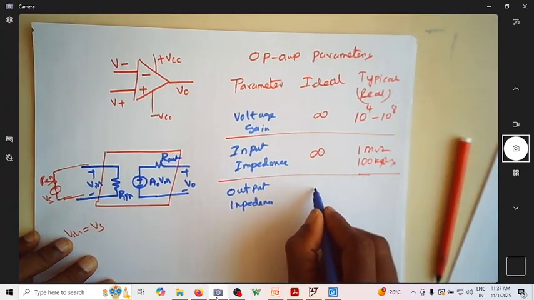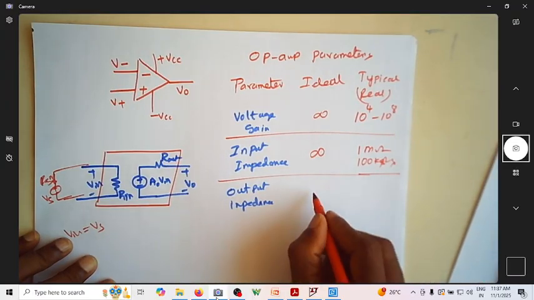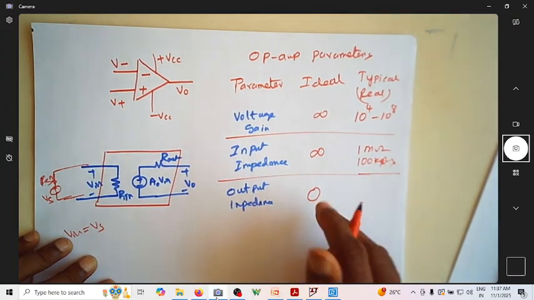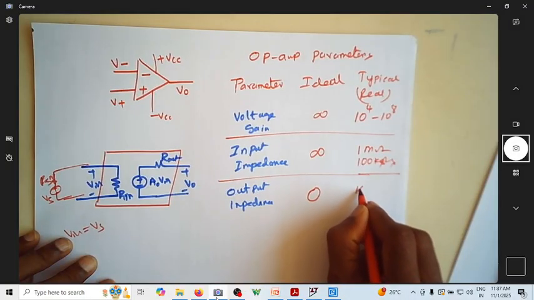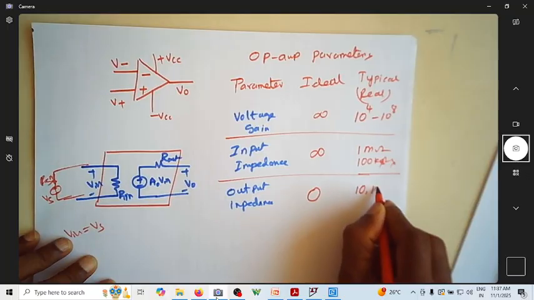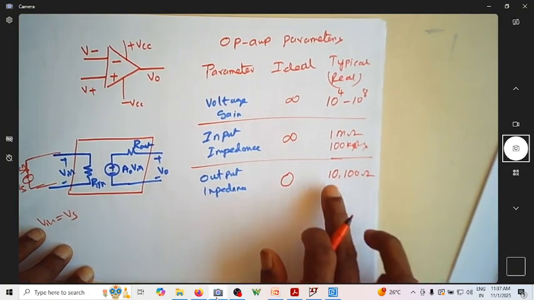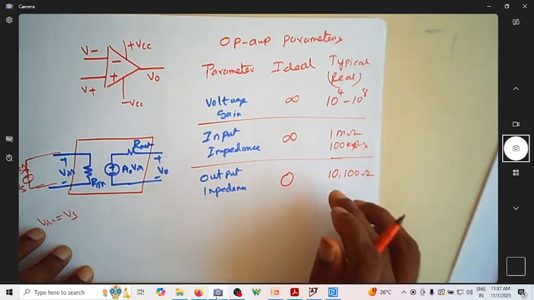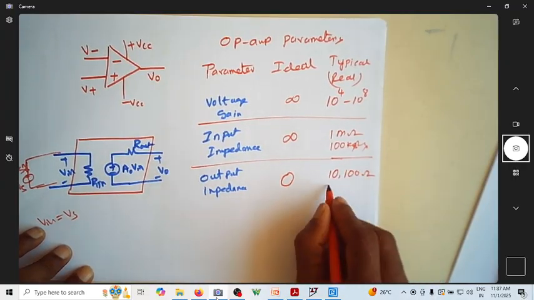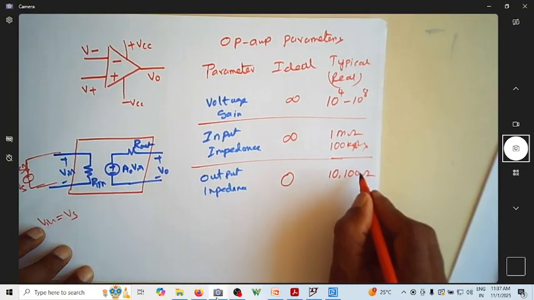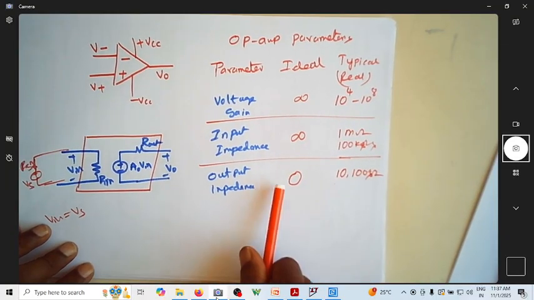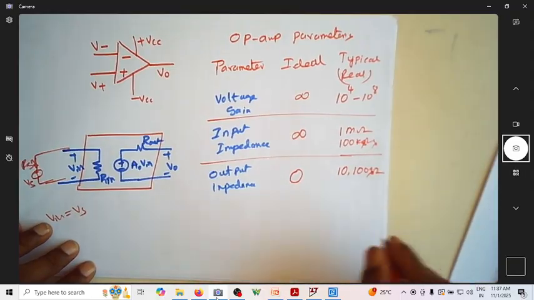So ideally it should be 0. Typically it is a few tens of ohms to hundreds of ohms, even 200, 300 ohms. So ideally it should be 0.